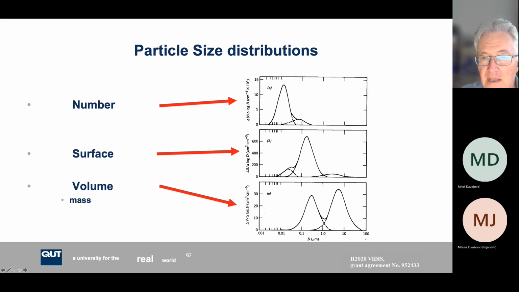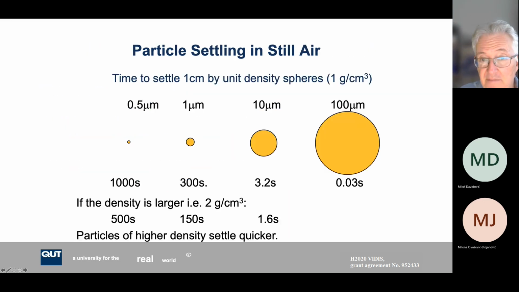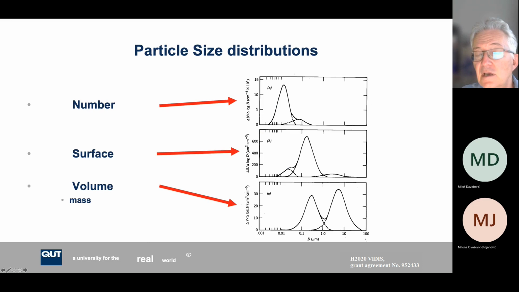And we see that in the atmosphere, the biggest number of particles is somewhere above 10 nanometers, let's say 20, 30, 40 nanometers in size, and there's another mode somewhere around 100 nanometers. We call these the nucleation and the accumulation mode.